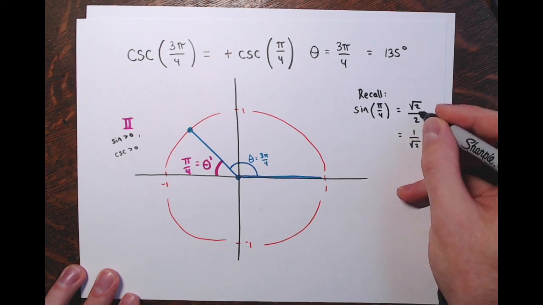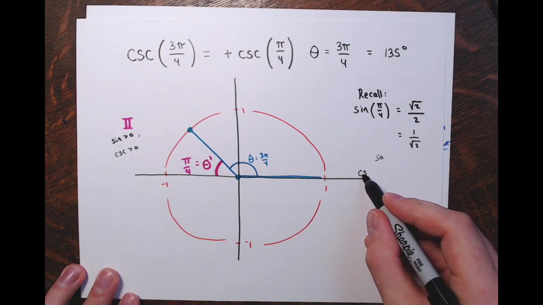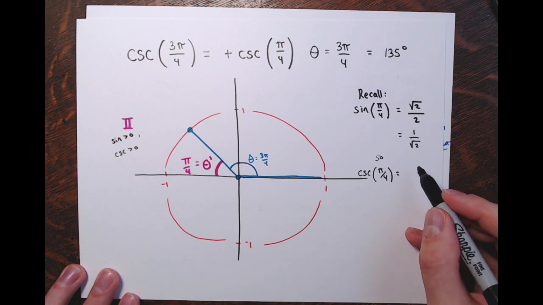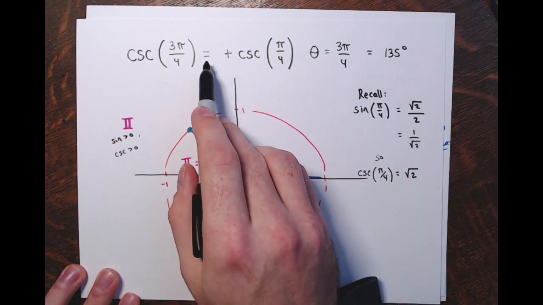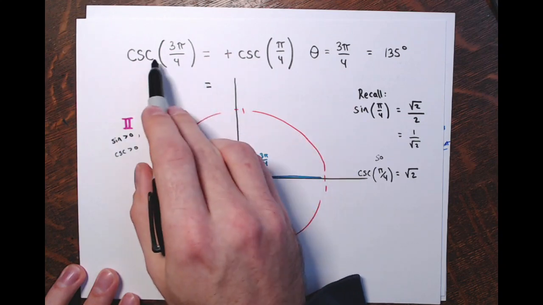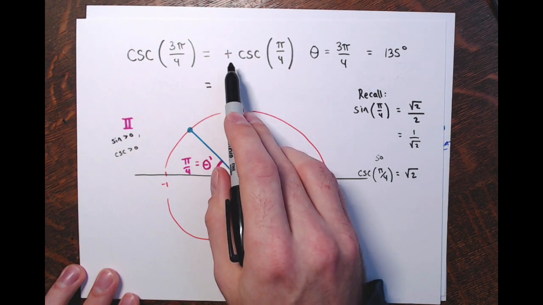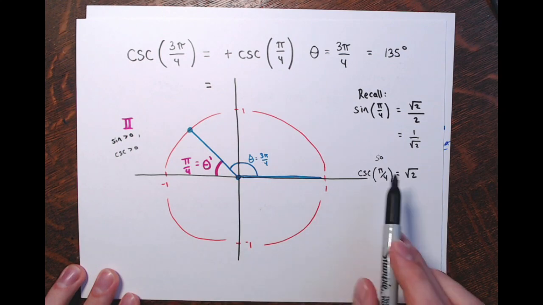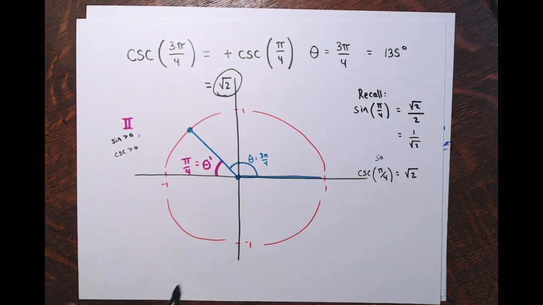Same thing. So the cosecant of pi over 4 is the reciprocal of this, just the square root of 2. So up here, the cosecant of 3 pi over 4 is positive cosecant of pi over 4, which is positive square root of 2. The cosecant of 3 pi over 4 is the square root of 2.